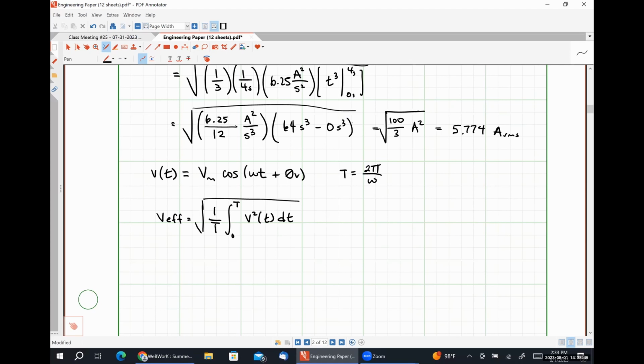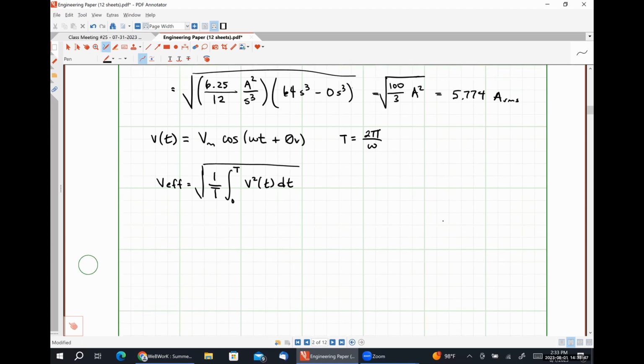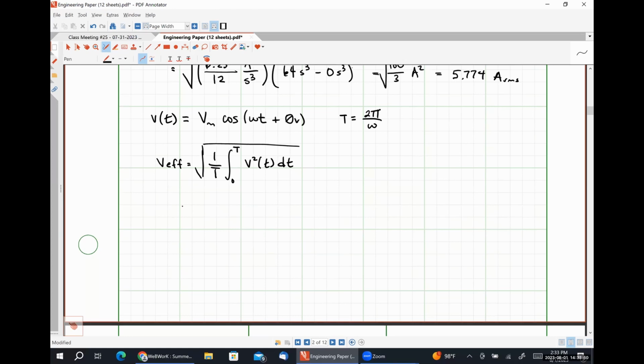So with our period equal to 2 pi over omega, let's substitute that in here. So 1 over the period is going to look like omega over 2 pi. Then we're going to integrate from 0 to 2 pi over omega. And now I'm going to square this voltage waveform, right?